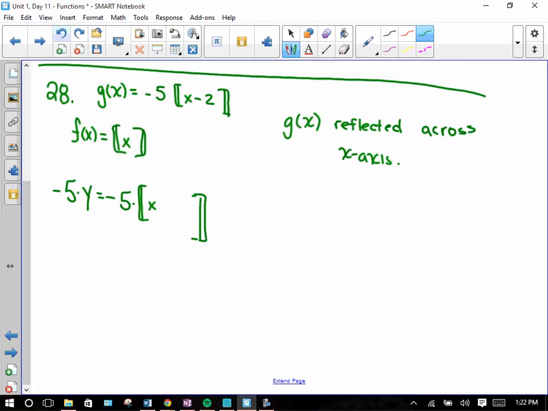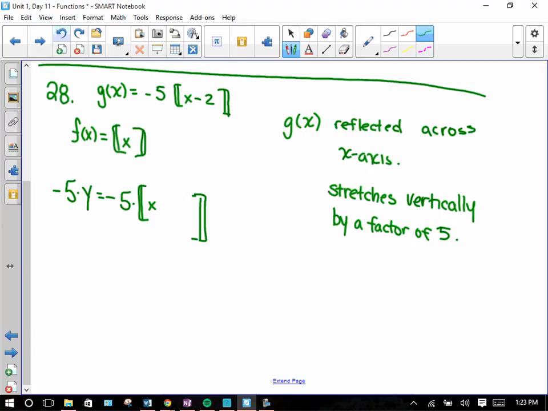So if it is at 1, it's now stretching up to 5. If it is at 2, it's now stretching up to 10. Okay? So this whole thing stretches vertically. What we say is it stretches vertically by a factor of 5.